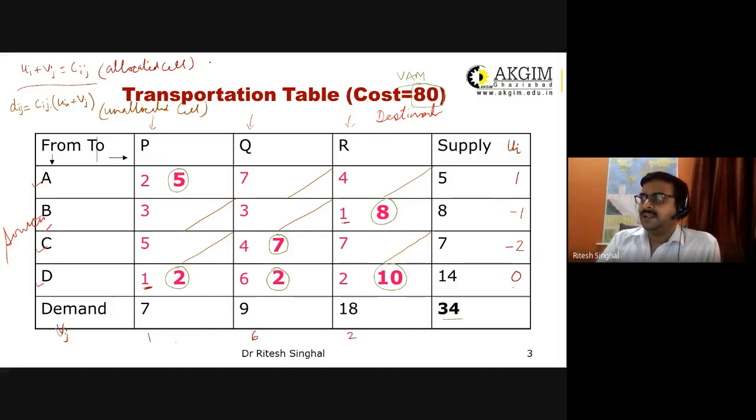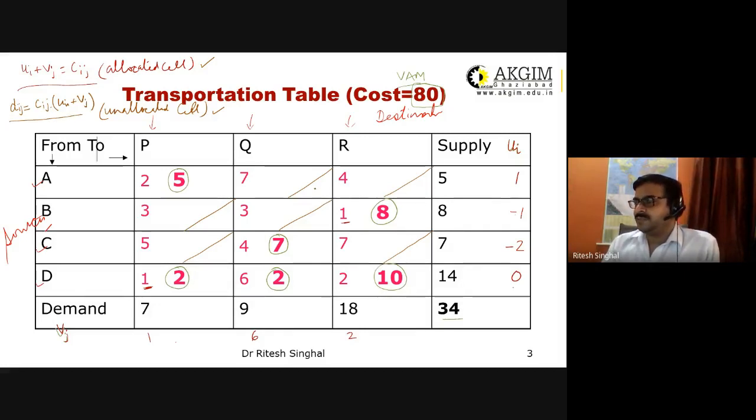So mind it, this is for allocated cells, and this opportunity is calculated for each unallocated cell, which is not being used earlier. These cells are not used in the solution earlier, so that is why we have to check the opportunity. So now we calculate Dij using this particular method.